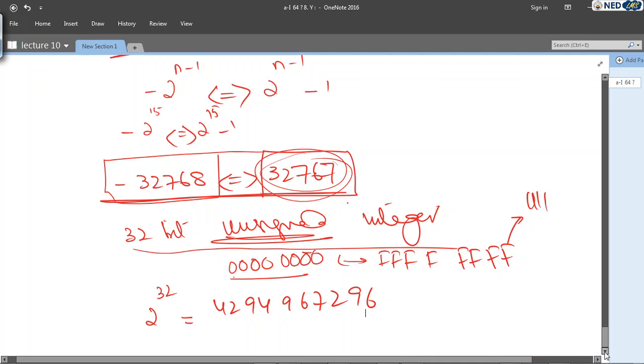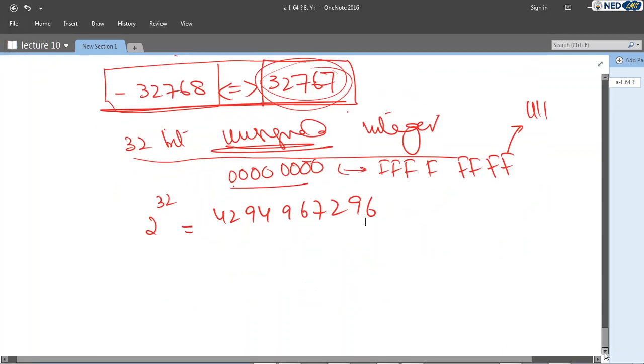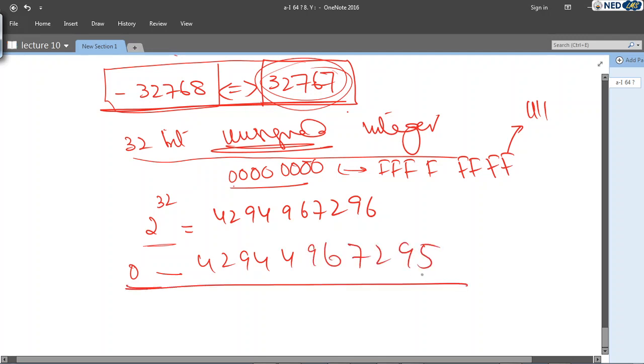This is like 4 billion, and that's why we had the 4 gigabytes limit when we had 32-bit systems, but that's another topic. So the maximum number would be from 0 to 4294967295, because we are counting 0 as well. From 0 to this number we have these many combinations.